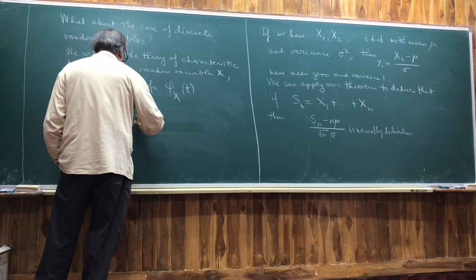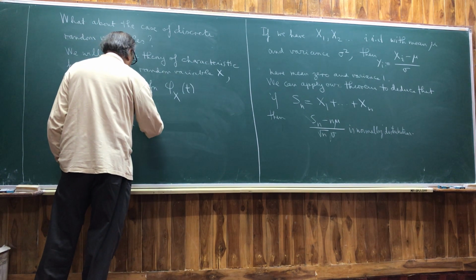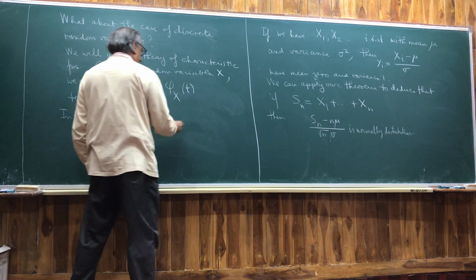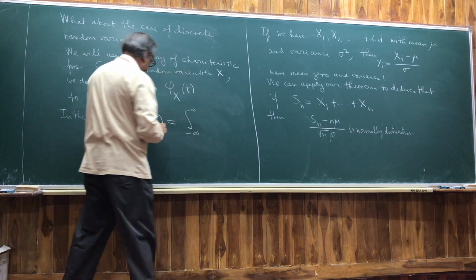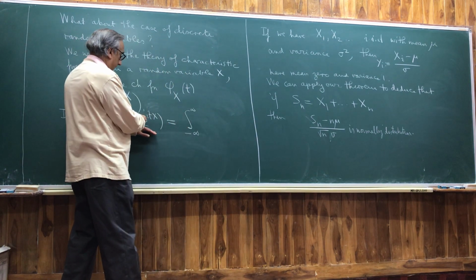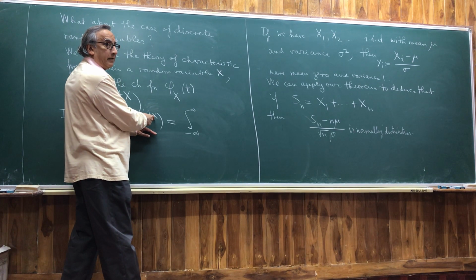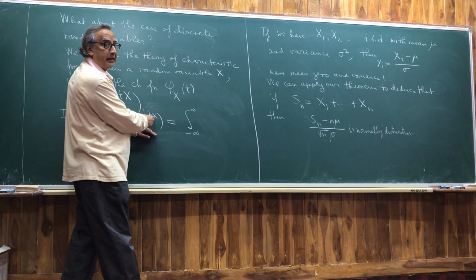The expectation of e to the i t x: I ask myself, when does this random variable take on the value u? It'll be e to the i t u, and the density is f of u.